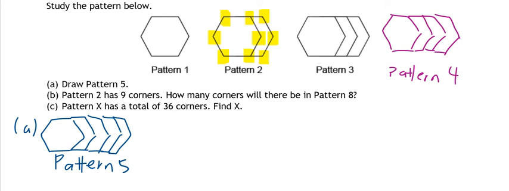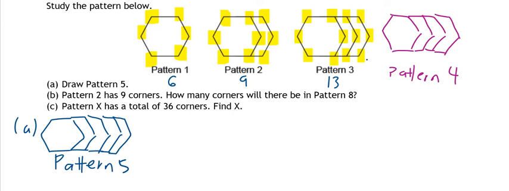Let's check pattern number 1. You have 6 corners. And pattern number 3, you have 1, 2, 3, 4, 5, 6, 7, 8, 9, 10, 11, 12. So 6, 9, and then 12. Let me check again: 6, 7, 8, 9, 10, 11, 12.